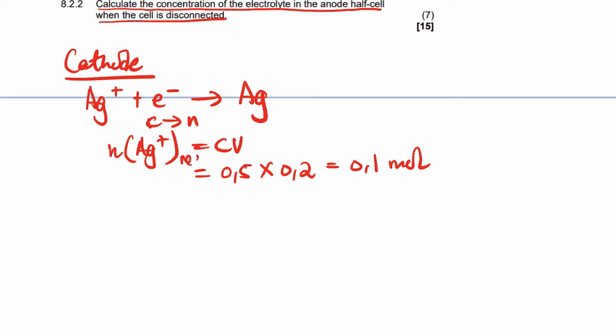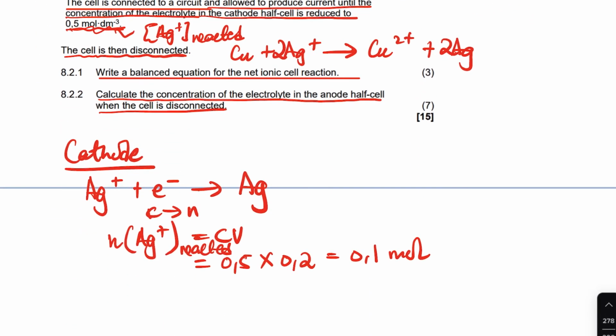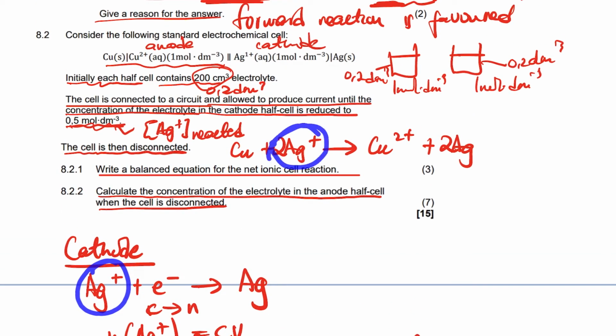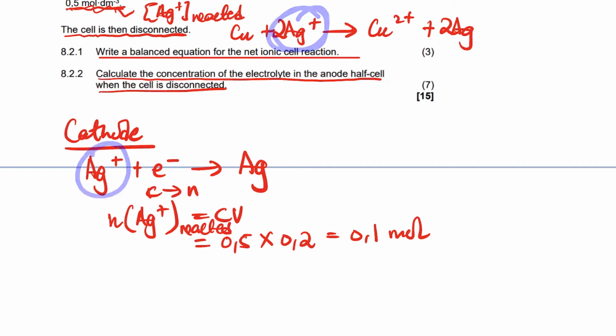This is the silver that reacted. Getting this, we can simply get the copper that was oxidized using the mole ratio.